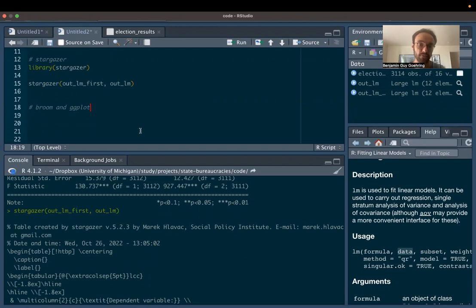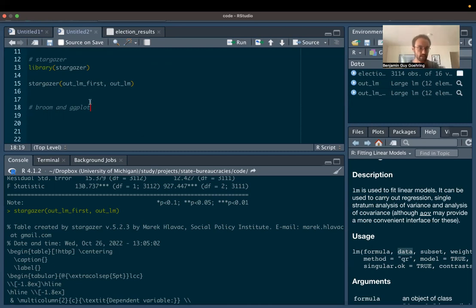I like to put the regression tables in an appendix and plot the results, because I think visually it's a lot clearer what's going on, and you can usually make your point in a lot more digestible manner. So what we're going to show now is how we could turn this regression output into a nice little plot that kind of tells you the same information, but just in a lot cleaner setup.